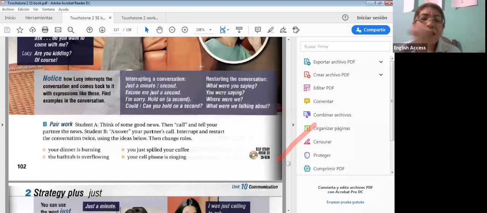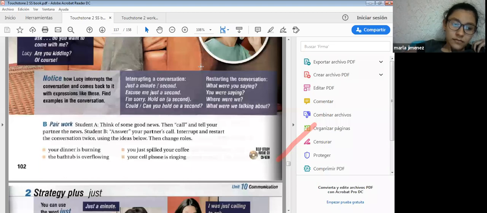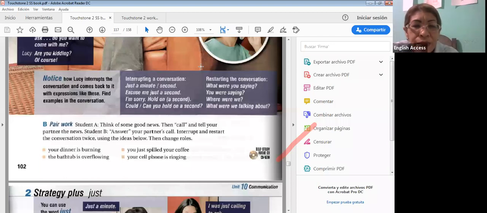In exercise B, we have a pair work. It says, student A, think of some good news, then call and tell your partner the news. Student B, answer your partner's call. Interrupt and restart the conversation twice using the ideas below, then change roles.